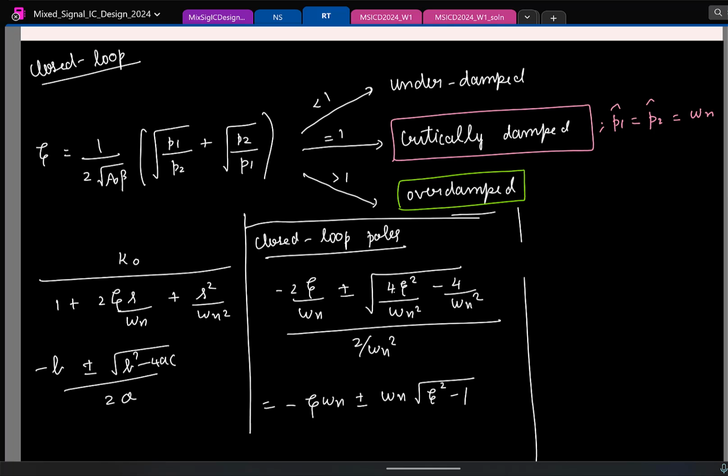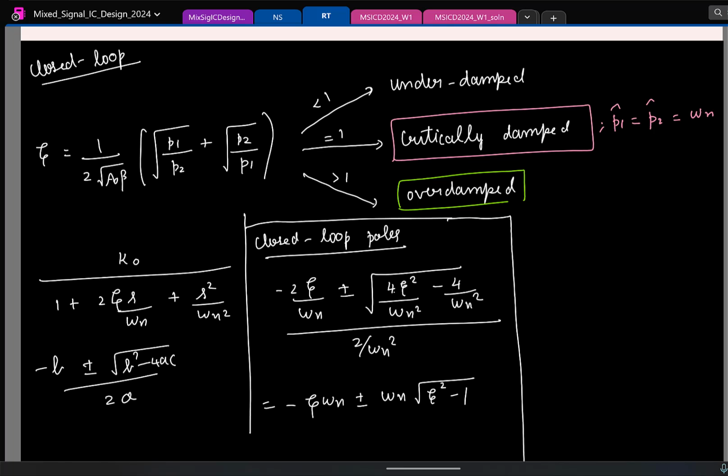Will they be equal or different? They will be apart, but they will be real. Let's write the pole location. So it's going to be this one. And the lowest frequency pole, do you think it will be smaller than omega n or greater than omega n?